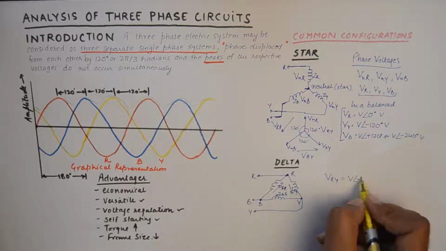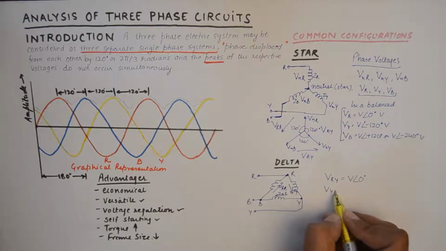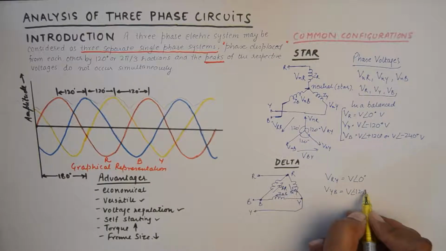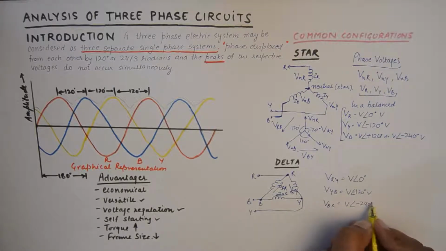Of course, this will be V reference if we want to say it, and the other one will be displaced by an angle of 120 degrees, and the third one will again be displaced by an angle of 120 degrees in the other direction, or we can say minus 240 degrees.